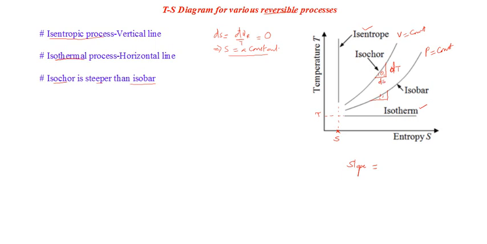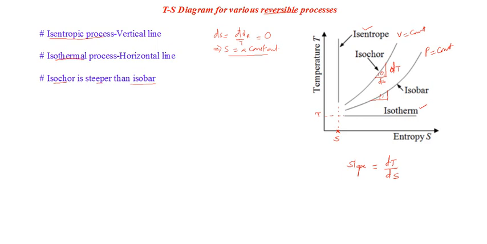So the slope will be equal to dT over dS. If we can find a relationship for dT over dS for the two processes separately, and compare those values, we can conclude which one will be steeper and which one will not be that steep. That is the technique we are going to use. So let's see how to do that.